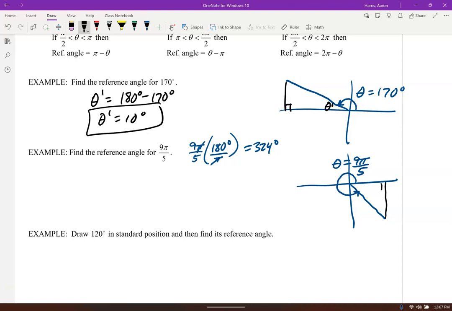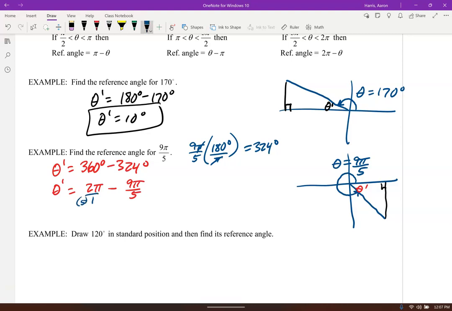Draw this straight back. Let's go ahead and find this reference angle I'm going to call theta prime. If we were doing this in terms of degrees, we'd say that's all the way around minus 324 degrees. But I don't want to do this in terms of degrees, I'm going to do this in terms of radians. So 2 pi minus 9 pi over 5.